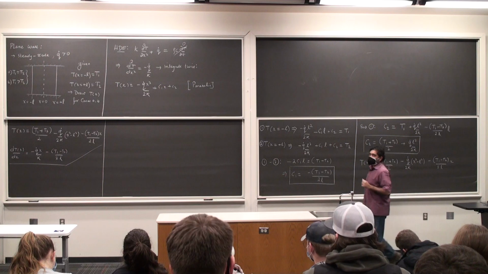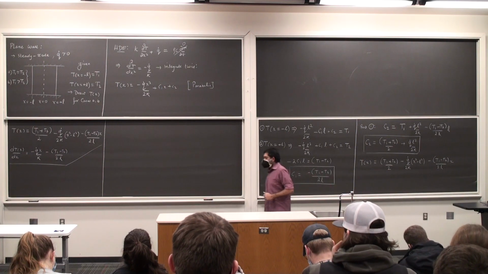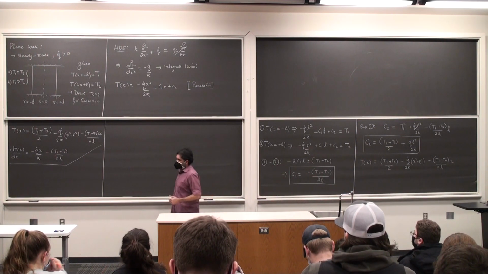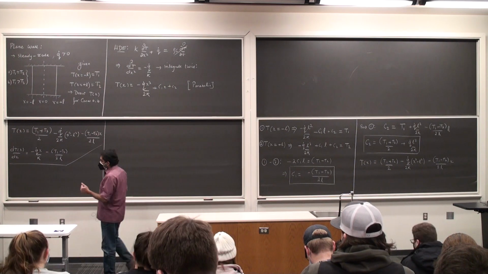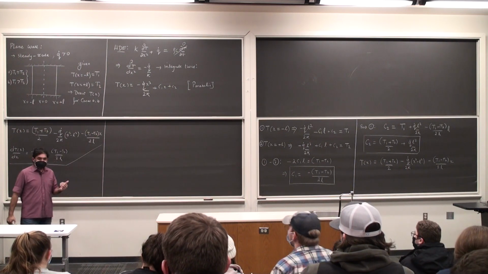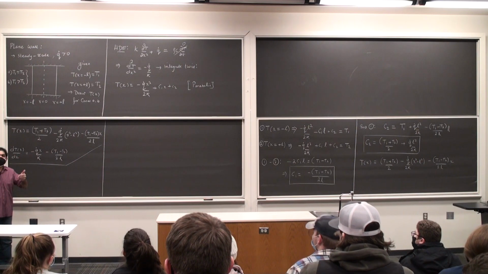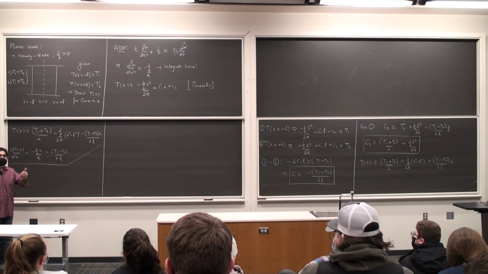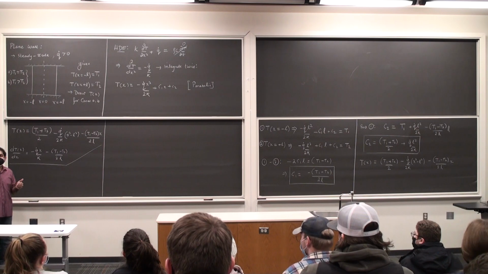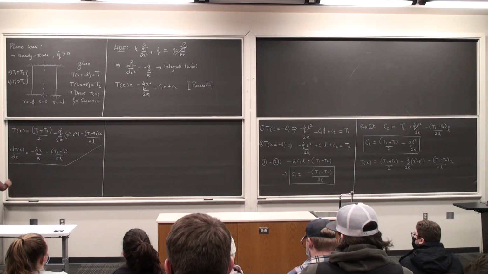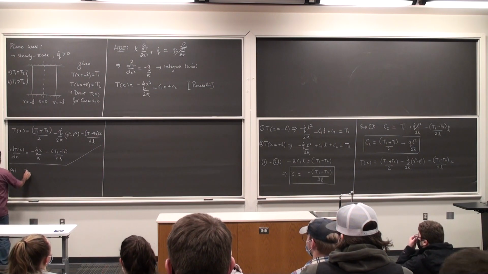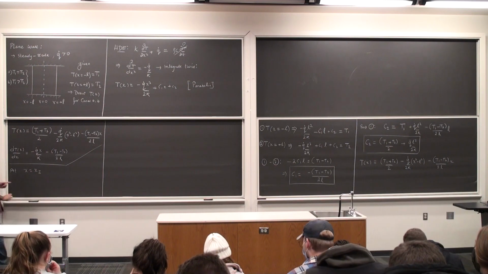One more thing I want to garner from these two equations is I want to find out between x is equal to minus L and x is equal to plus L, is there a location x suffix I where the conductive heat flux is 0? Okay, so at x is equal to xi, I don't know this location.